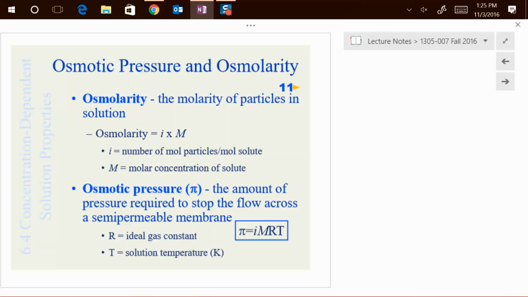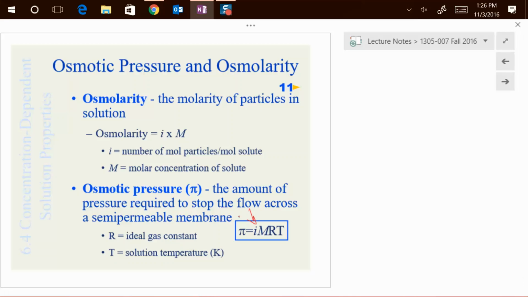Okay? And in fact, those equations that we saw earlier with delta TF and delta TB, on your reference material, you'll have those with little i in it, meaning the number of particles. So for sodium chloride, little i is 2.